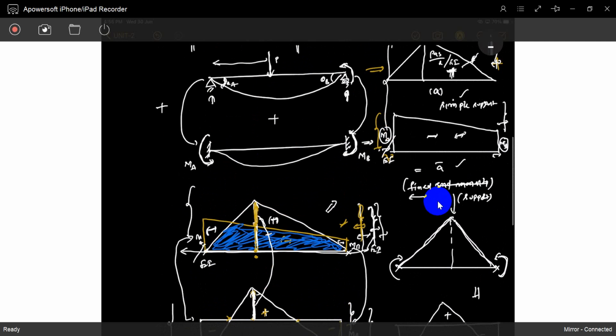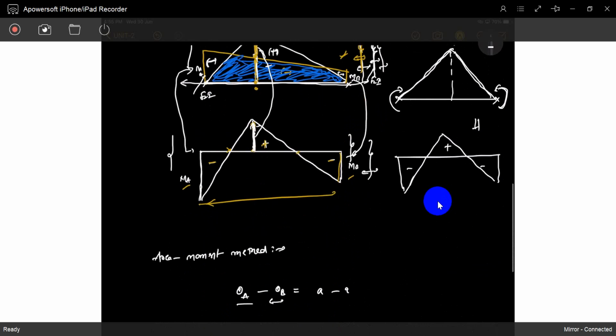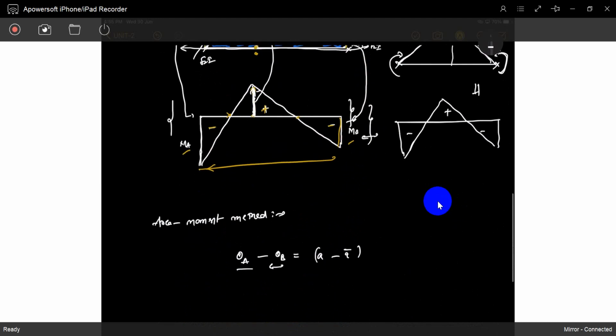Second, this one is negative. The fixed end supports' bending moment is negative. So that is negative. This is the total area: one thing positive, one thing negative. We already know that fixed ends create opposite directions. One is positive, one is negative. That's it.